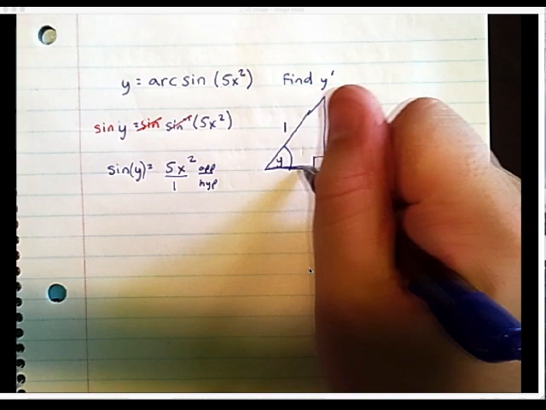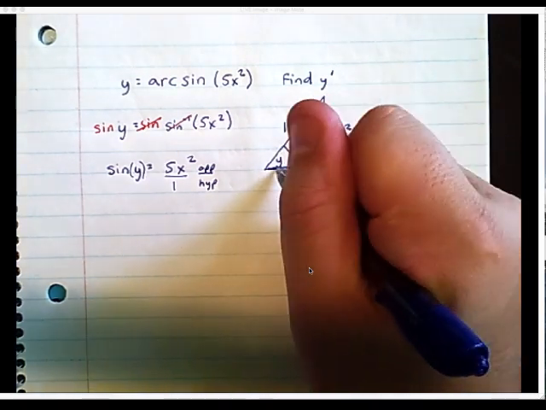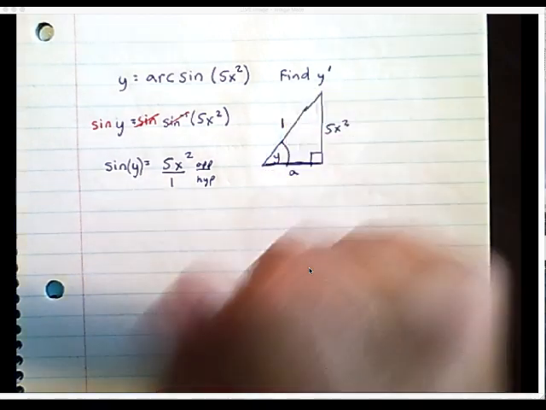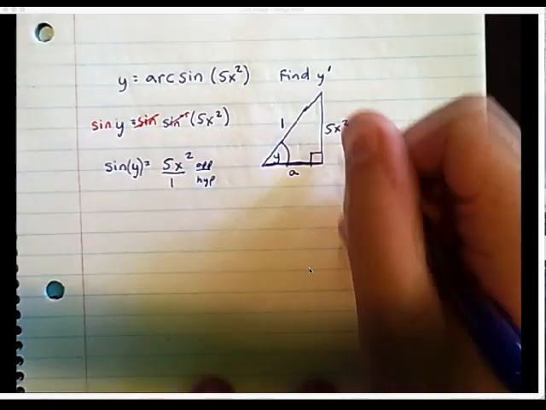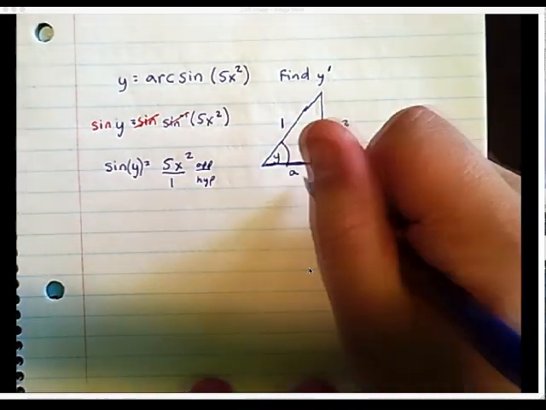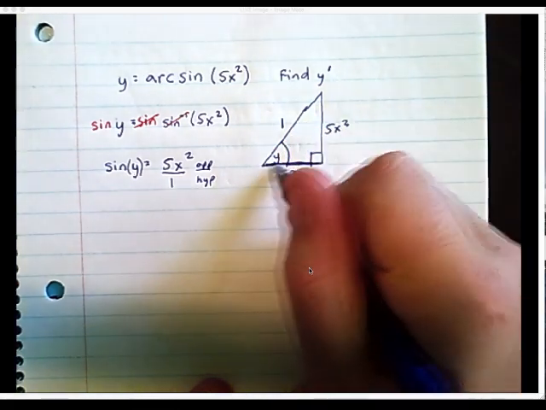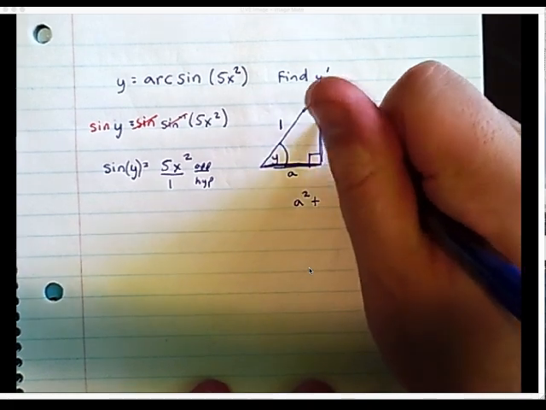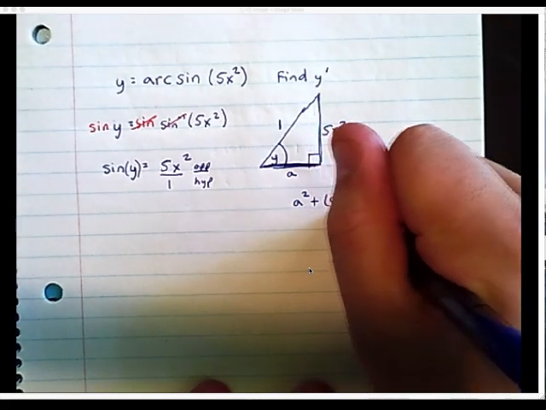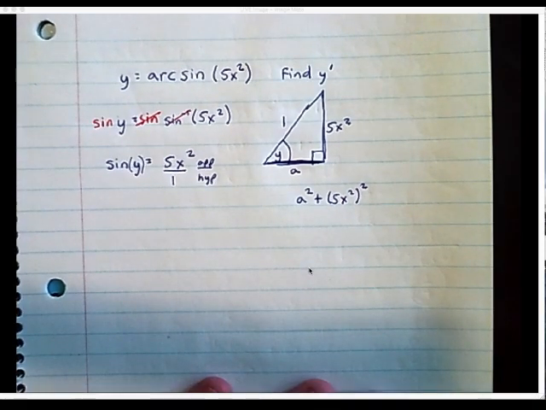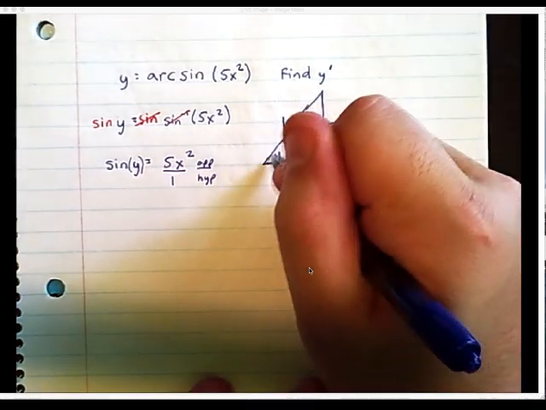Now, we might need this length, so we might as well just find it now. So for now, let's just call it A. Okay. So you know these are the three sides of your right triangle. You can actually figure out what A is. The Pythagorean theorem says if I take this length and square it, plus take this length and square it, I should get the hypotenuse squared.